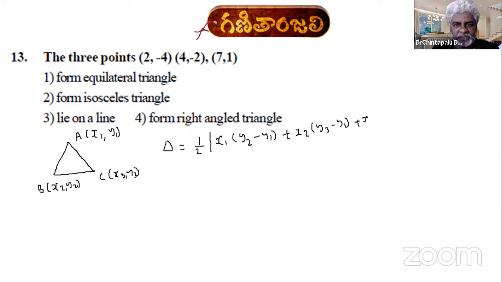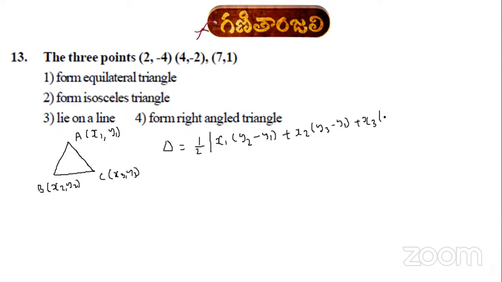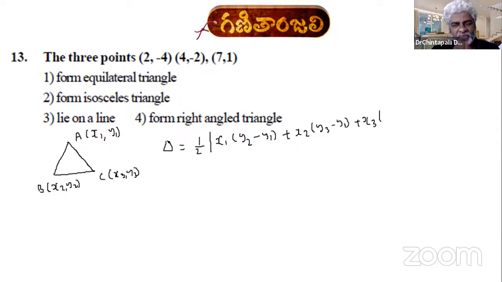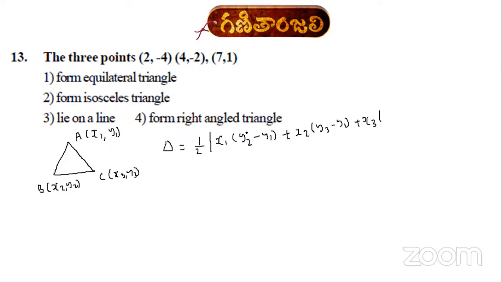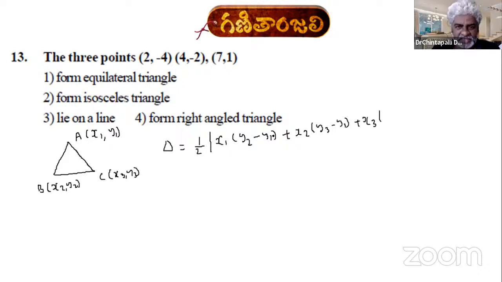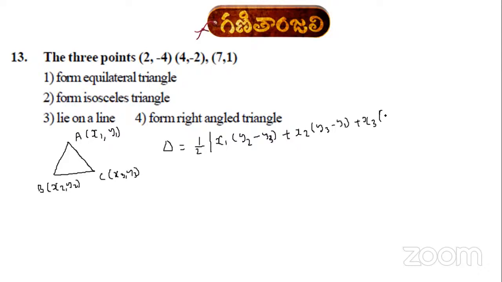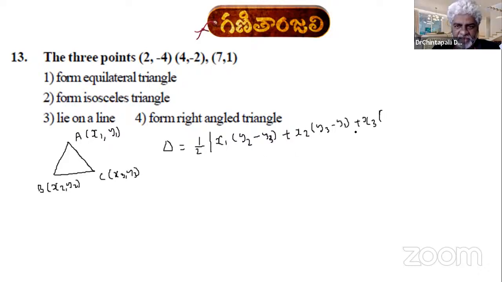If 1 is there, the remaining 2 and 3 are there. If 2 is there, 3 and 1 are there. If 3 is there, 1 and 2 are there. So it will be x3 into (y1 minus y2).